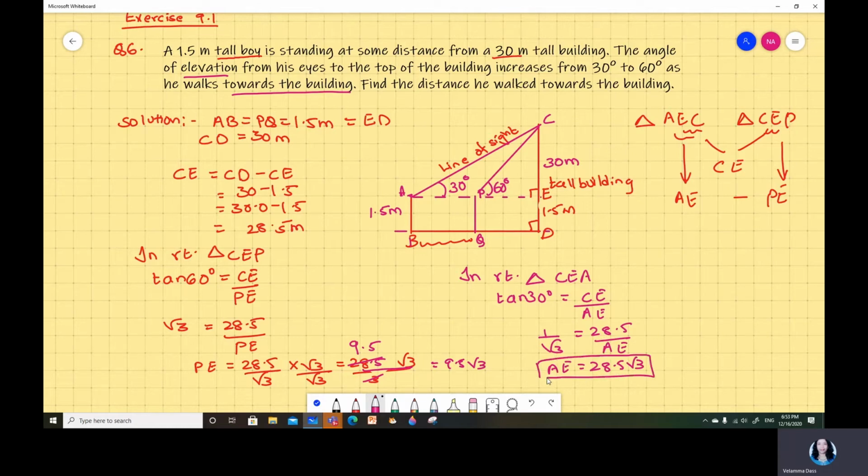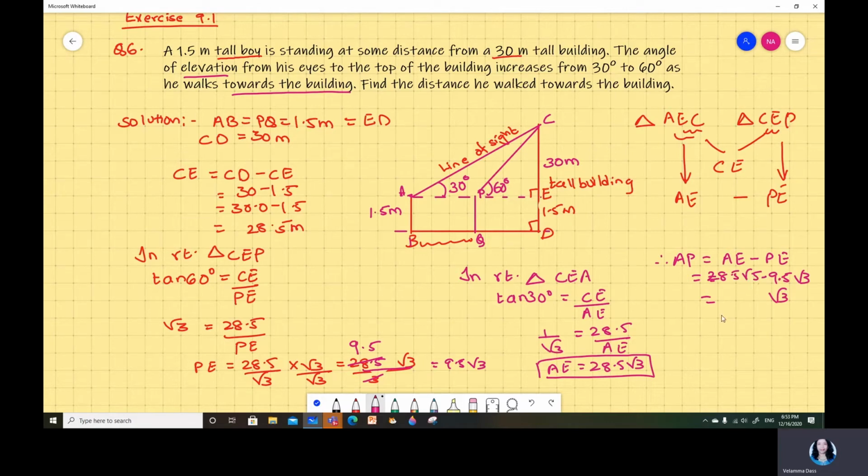What is our aim? Our aim is to find AP. Therefore, AP equals AE minus PE. What is AE? 28.5 root 3, and here we got 9.5 root 3. So here we have, students, 28.5 root 3 minus 9.5 root 3.